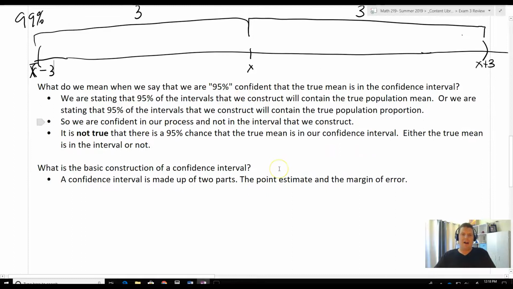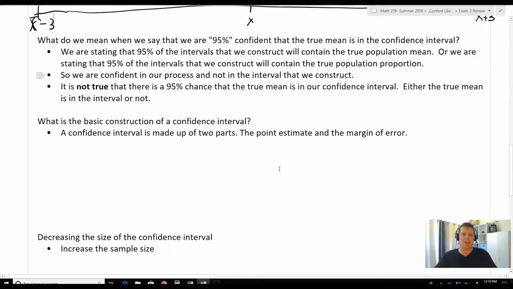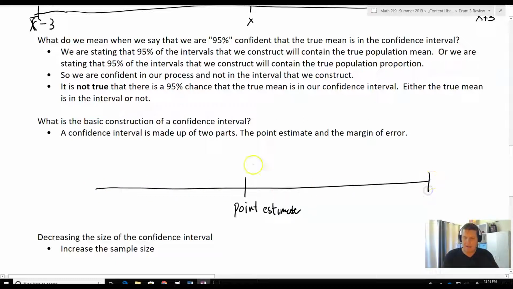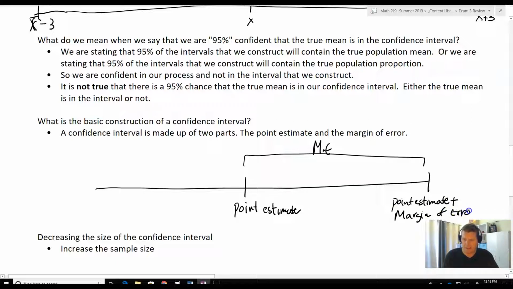Okay, now let's just kind of review. This basic construction of the confidence interval is going to start out with the point estimate in the middle. Okay, and then we're going to go up by the margin of error. So this will be the point estimate, excuse me, plus the margin of error on the top end.